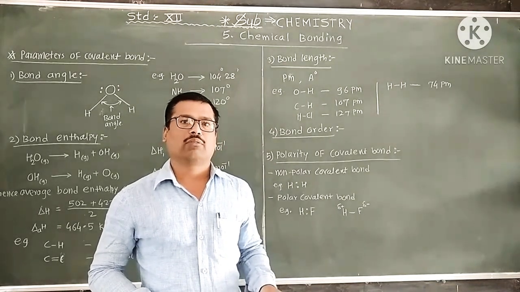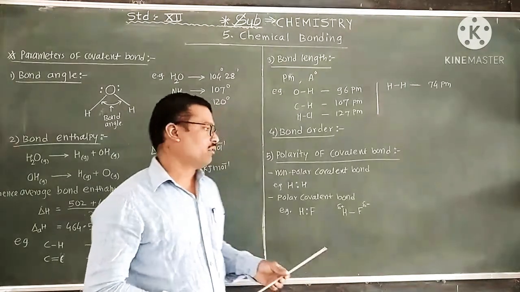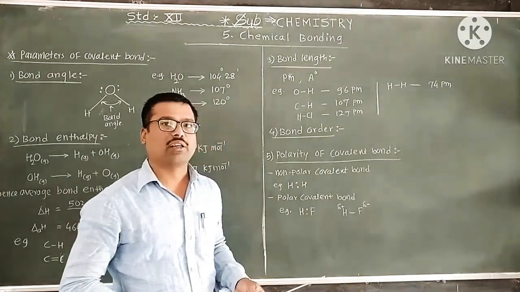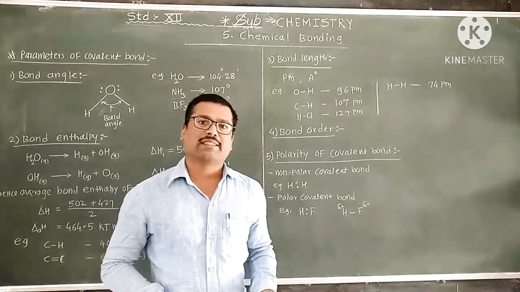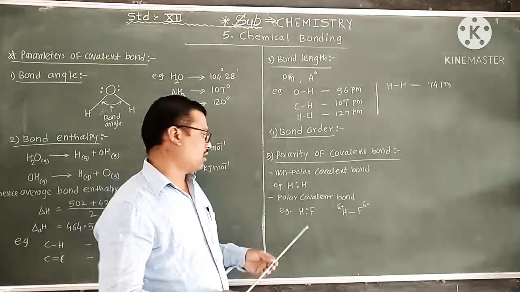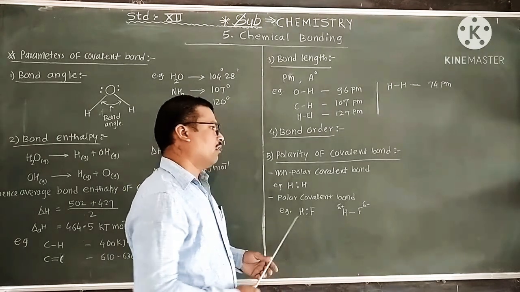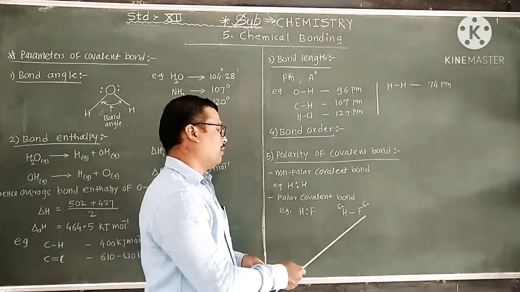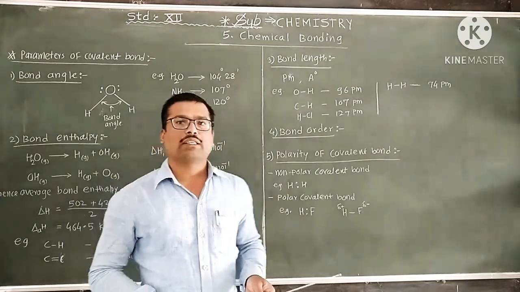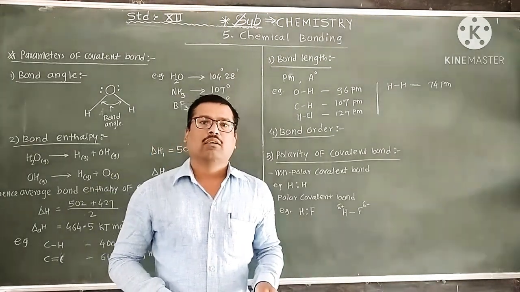Here the more electronegative atom is fluorine, which carries a partial negative charge, and the less electronegative atom acquires a partial positive charge. This hydrogen is less electronegative than fluorine, therefore it carries a partial positive charge.